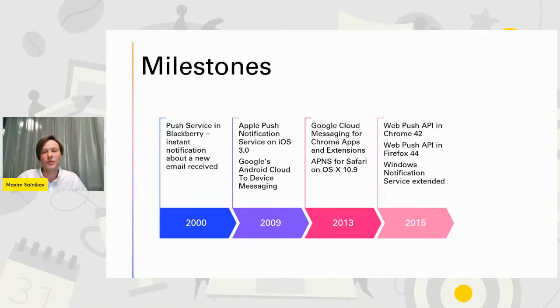And Chrome and Firefox and Microsoft also started experiments with web push notifications. And since this time point, everything developed according to the respective standard, the respective specification. Of course, this specification had also some changes, but anyway, it was a huge milestone. It's something that all browser vendors agreed on.